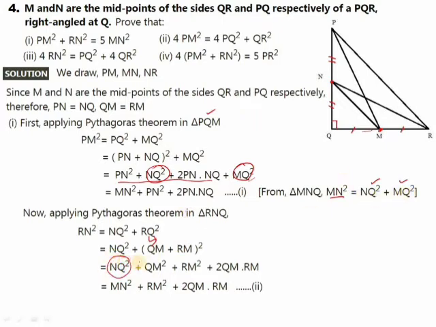NQ square plus QM square, or NQ square, both mean the same. So in place of these two I can write MN square, and the rest are written as it is. So let me call this equation number 2. I don't have space here, so you may pause the video and note it down till here.